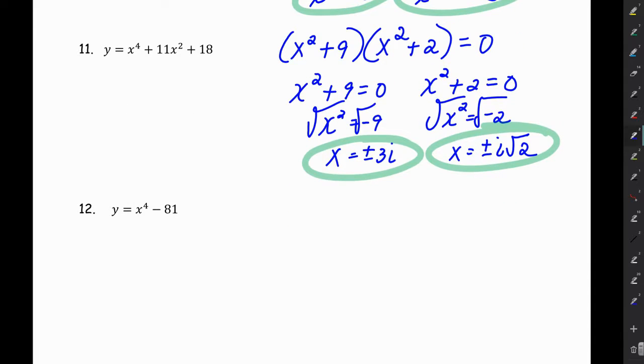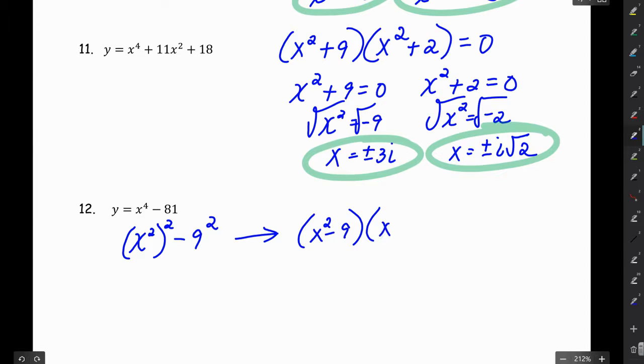All right, last one we have here, this is the difference of two squares. So this is x squared squared minus 9 squared. All right, so that becomes x squared minus 9 and x squared plus 9.